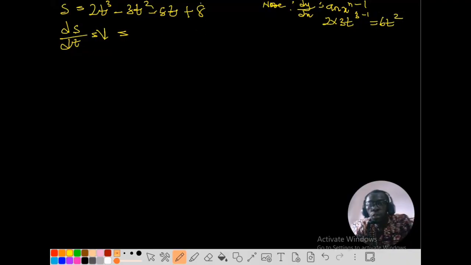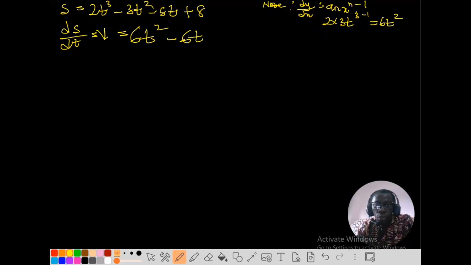Or better still, you can just say the coefficient multiplied by the power, which is 2 times 3, will give you 6. Then the power, subtract 1 from it: t, 3 minus 1, which gives you 2. Same for this one: 3 times 2 again will give me 6, then you have t, 2 minus 1 will give me 1.